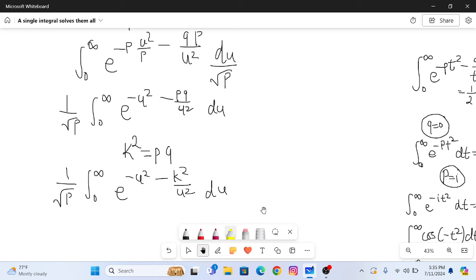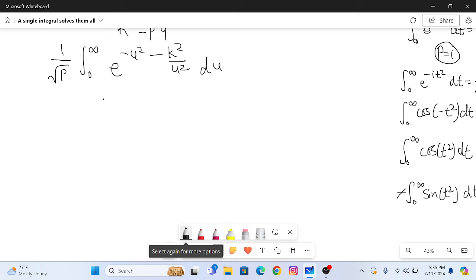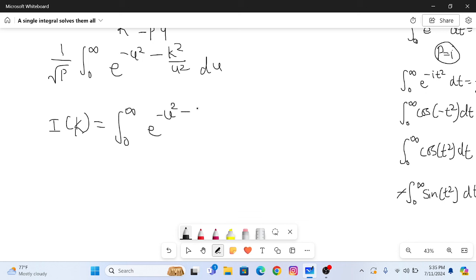Okay, so now we have just one variable, and this seems somehow easier to deal with than what we had previously. Now let me call this integral I of k, the integral from 0 to infinity of e to the power minus u square minus k square by u square du. Now if I differentiate I of k, when this differentiation goes inside the integral, that will be a partial differentiation, so I will just have a differential with respect to k.